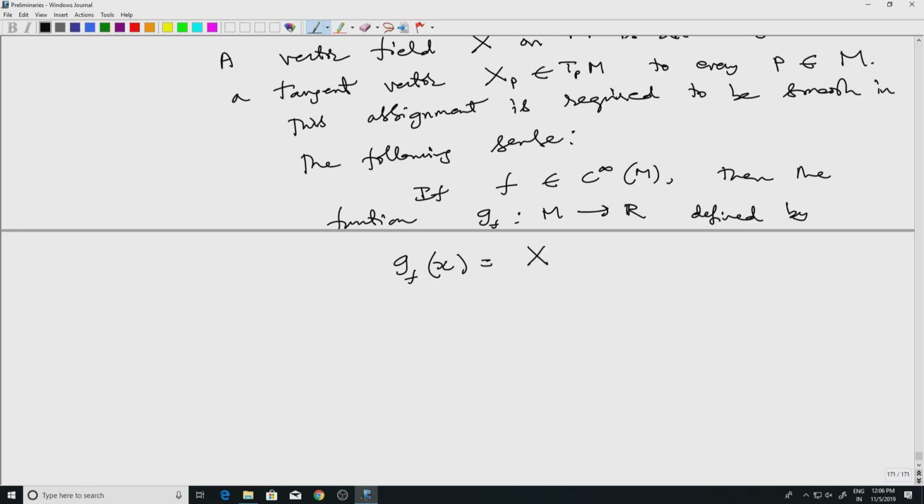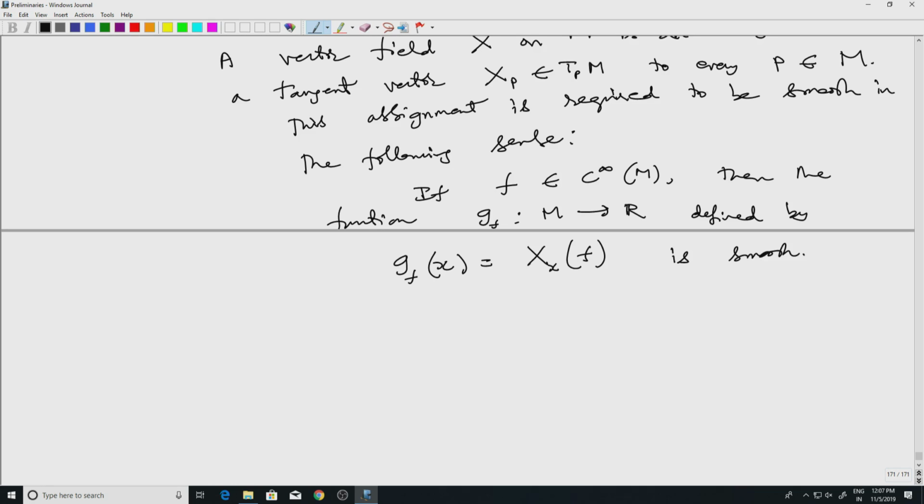So at each point x, I get a tangent vector at the point x, which is a derivation. So I can act this derivation on the function and I get a real number. So the point is that if I start with a vector field and I'm given any function, I'll get a new function from M to R. And we require that this function g_f is smooth.